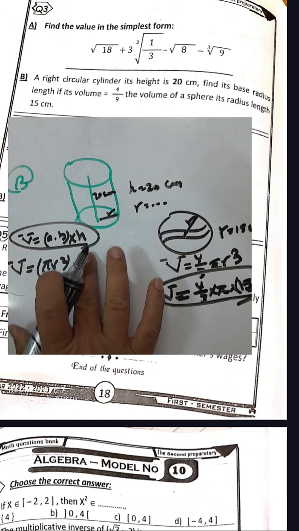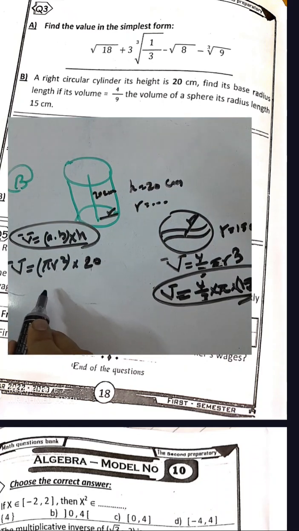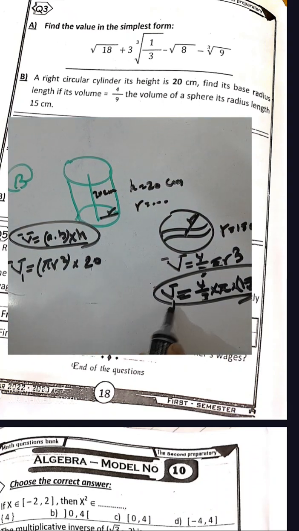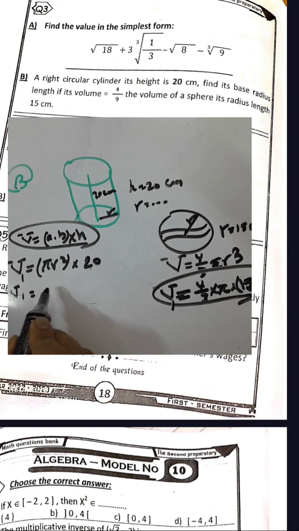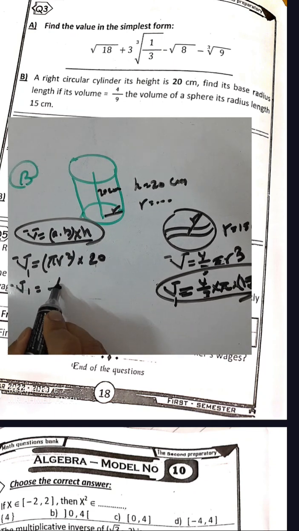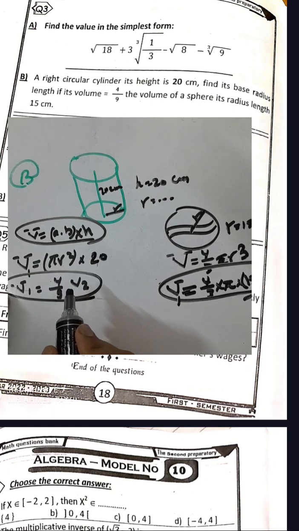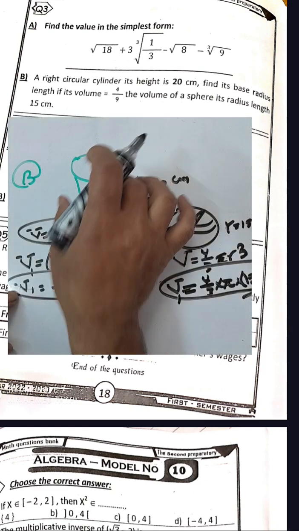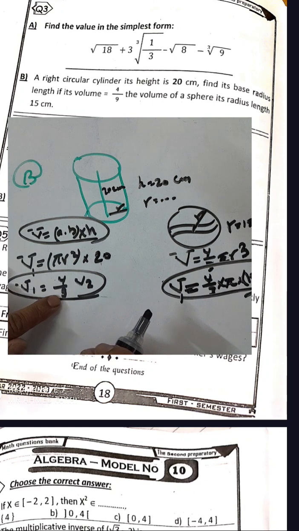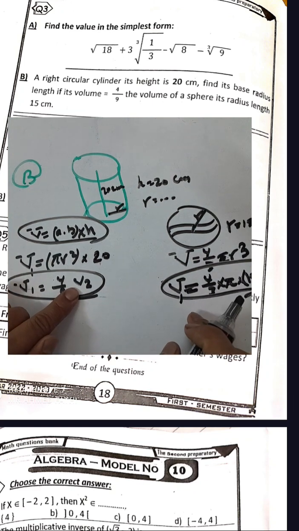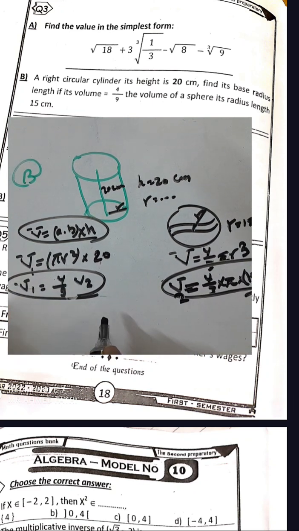He gives us the height was 20, and then he tells us volume 1 equals 4 over 9 product by volume 2. The relation between the volume of the cylinder is 4 over 9 product by volume 2, the volume of the sphere. Okay, understood?